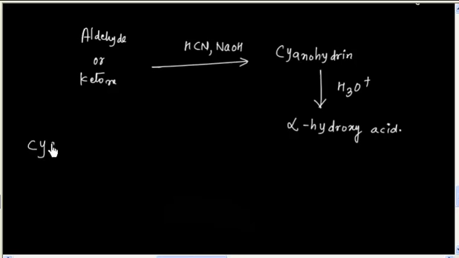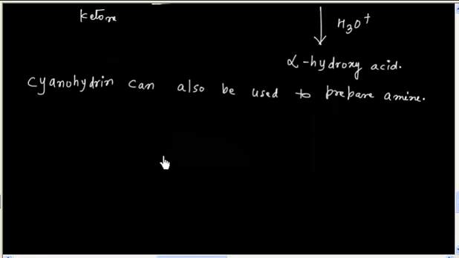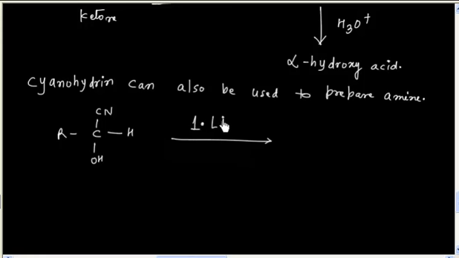Cyanohydrine can also be used to prepare amine. For example, this cyanohydrine can be treated with lithium aluminum hydride, and then we need acidification.